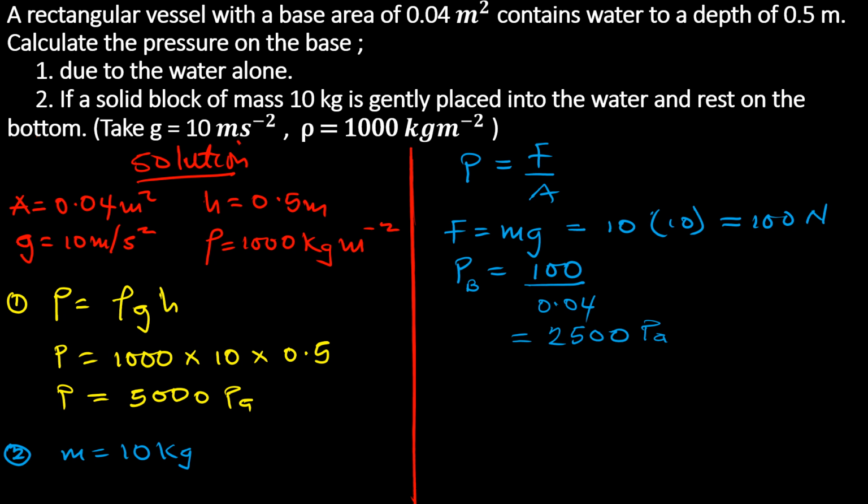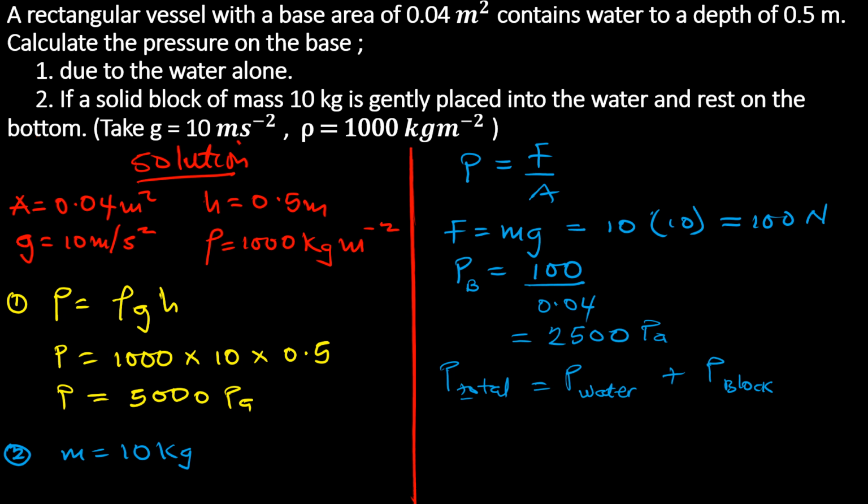So to know the overall pressure on the bottom of the vessel, we have to add the pressure exerted by the water and also the pressure exerted by the block. So therefore, total pressure, P total, is equal to pressure by the water plus pressure by the block.